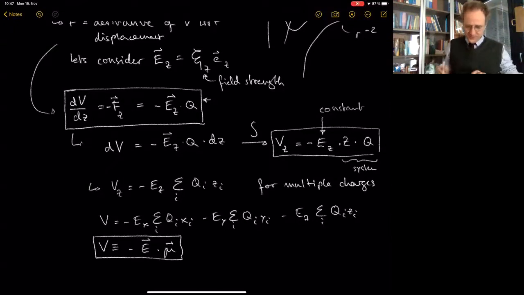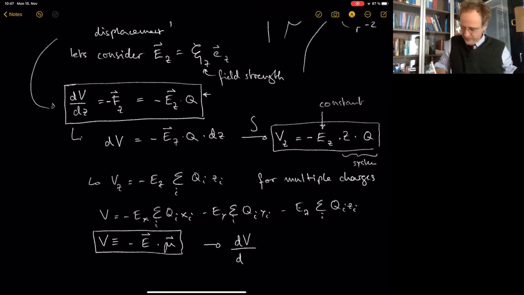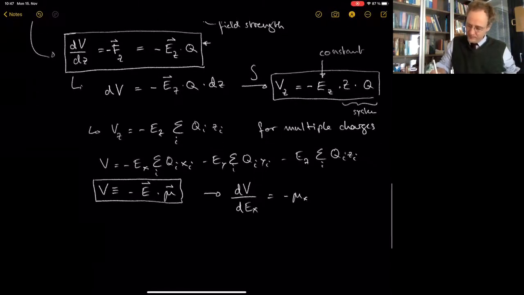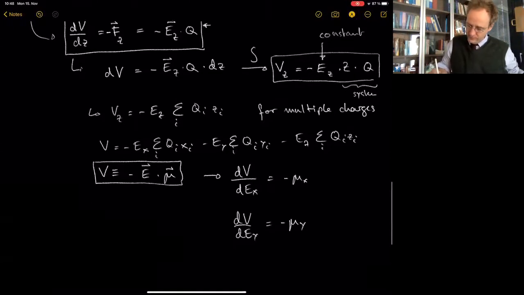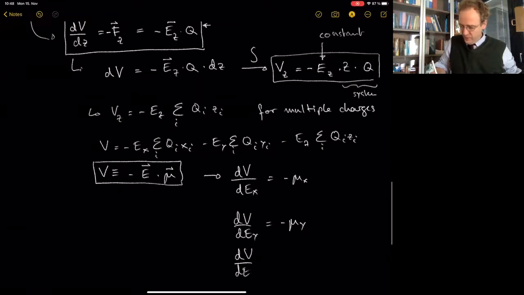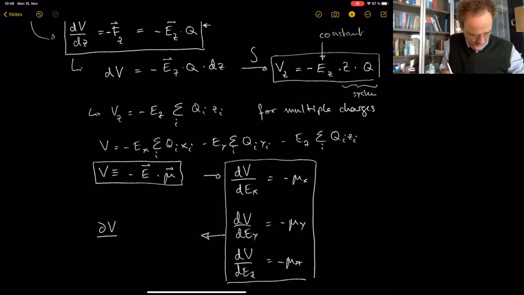And from this, it follows that if you differentiate your energy with respect to the electrical field, you get the dipole moment, or each of its components, and hence the notation dV/dE.